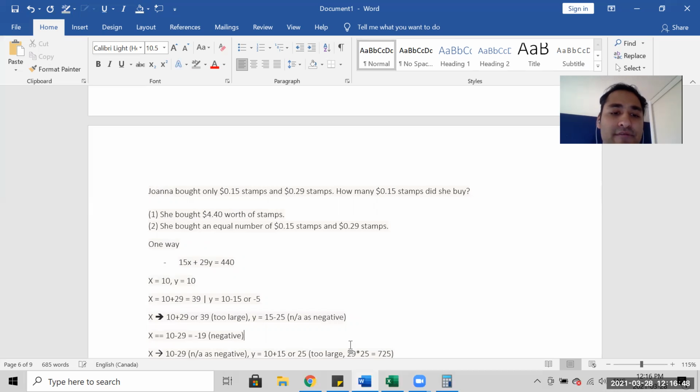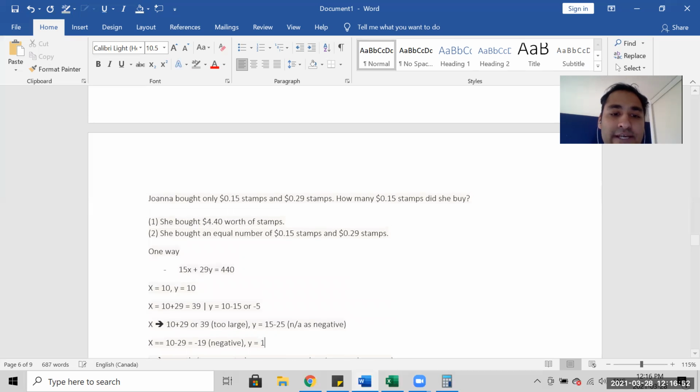Then this is negative. And y can be 10 plus 15, or 25. Too large. 25 times 29 is over 600, whereas I need something around 440-ish.